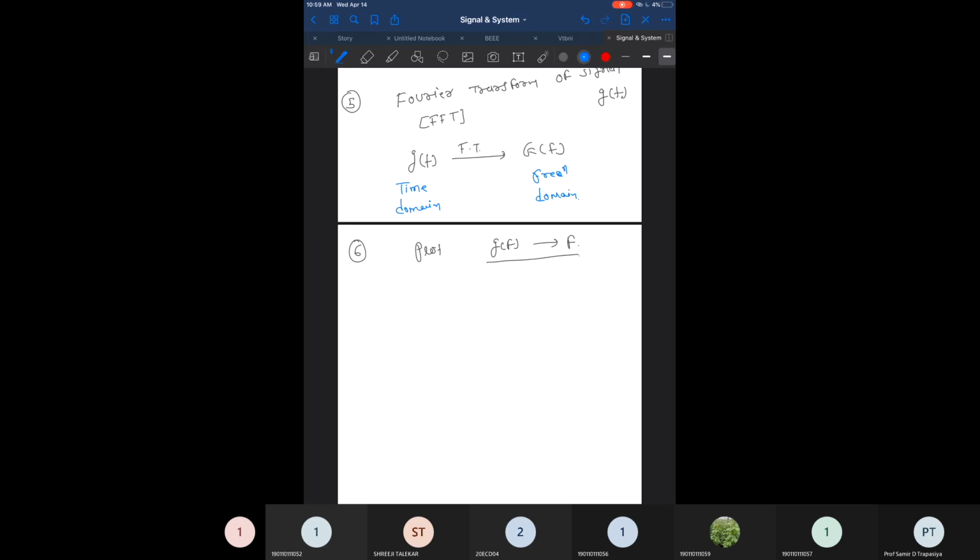Now the next task we are going to perform is to implement this experiment using the MATLAB simulation toolbox.